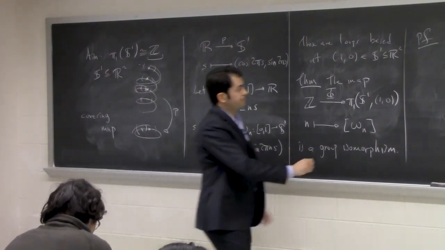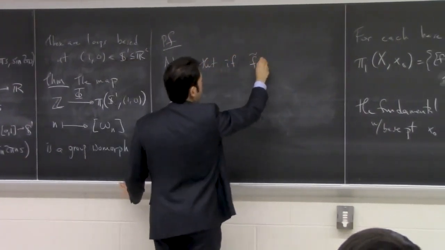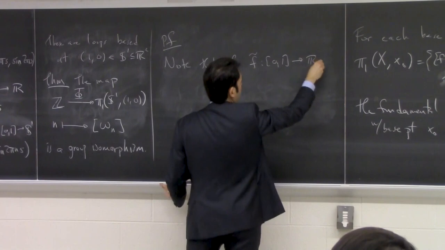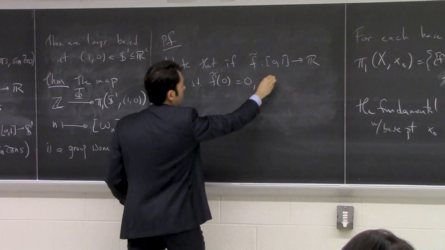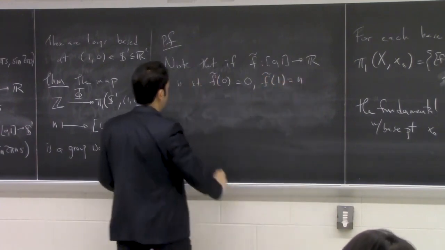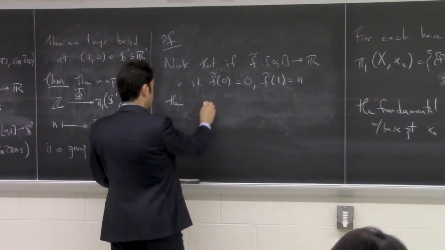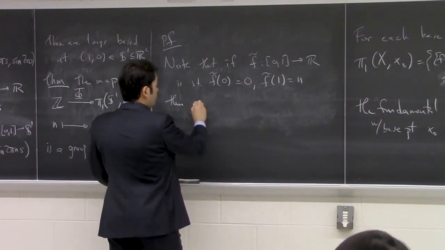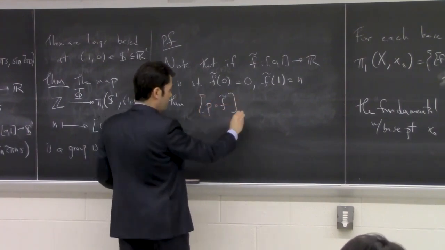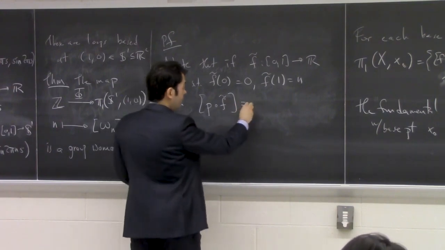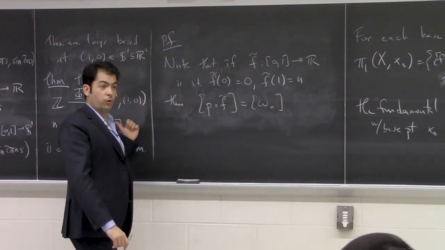So note that if f tilde is any path in R that begins at 0 and ends at n, then, let's say directly, the conclusion is that if you compose it with p, you get a loop based at (1, 0), and that is path homotopic to the one we're looking at.